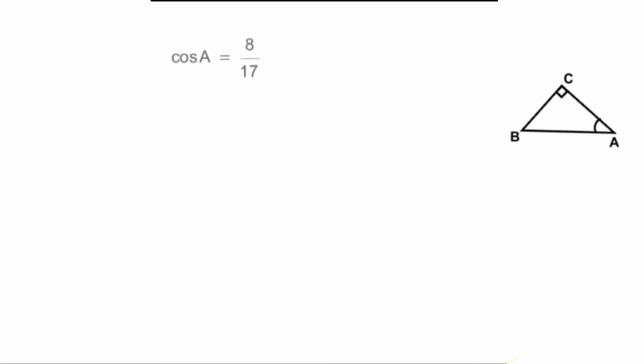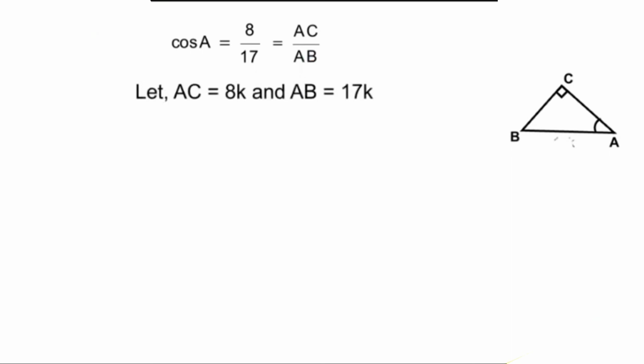Children, then we get cos A is equal to 8 by 17, which is equal to AC by AB. Now let us take AC is equal to 8K and AB is equal to 17K. Children, here K is the constant. We need to take K since 8 by 17 is the ratio of the sides of a right angle triangle.